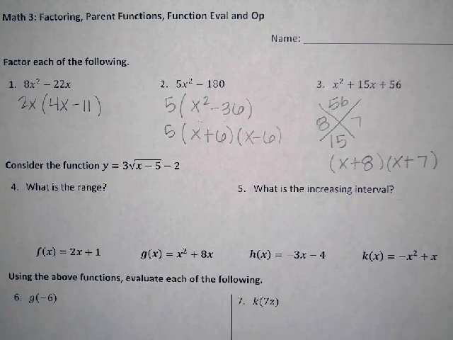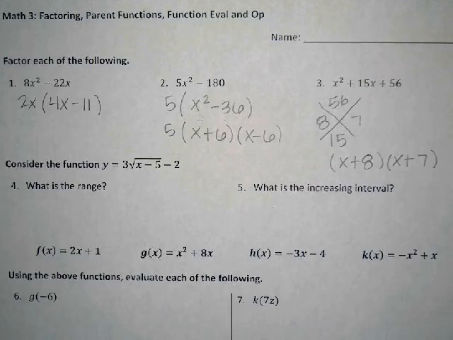So there's our square root graph, there's our locator point. So the range is from down to up. So what's the bottom of the graph? What number is at the bottom? -2, we're going to use the y-coordinate, so -2 is at the bottom.